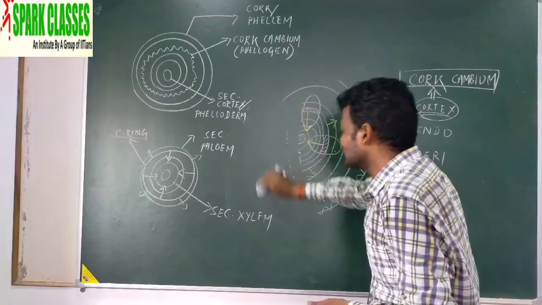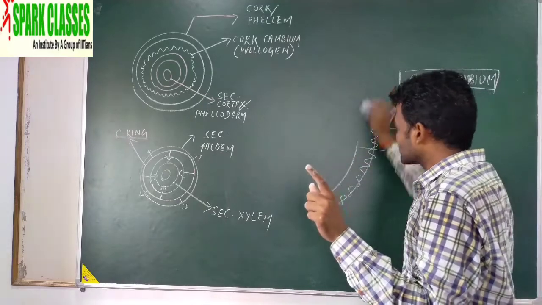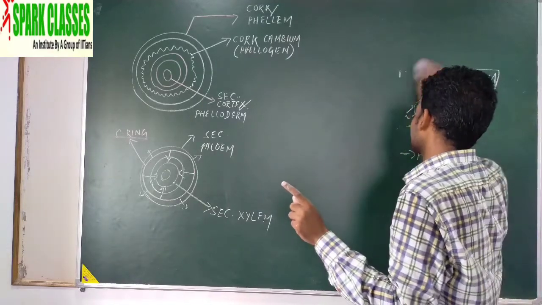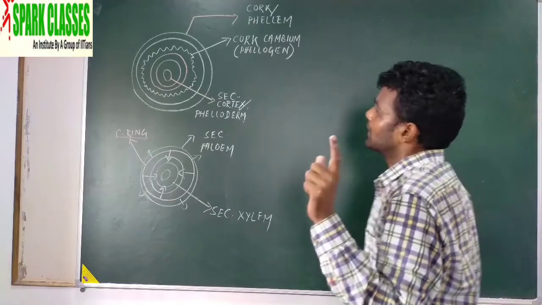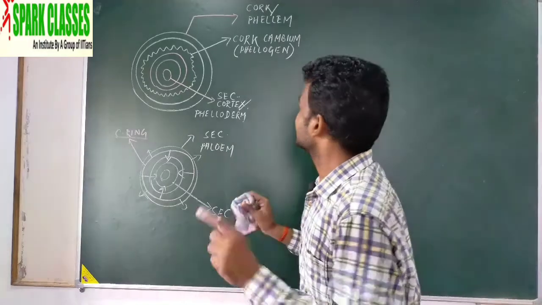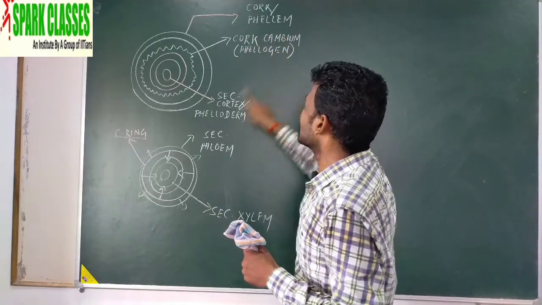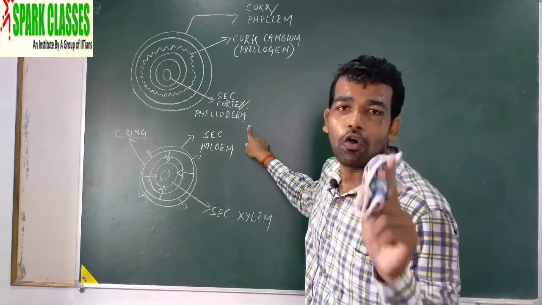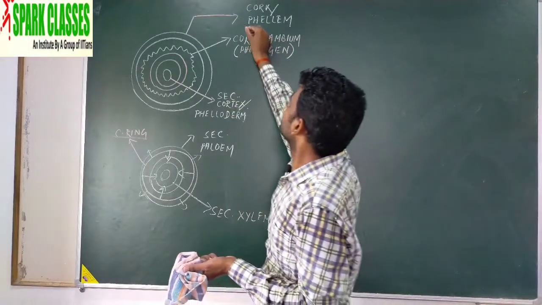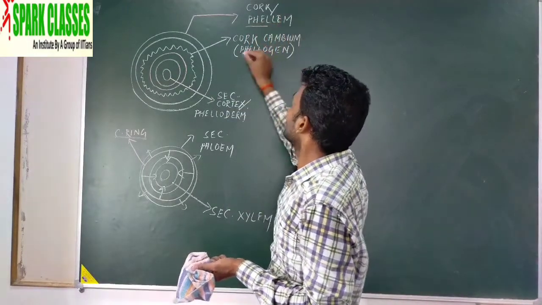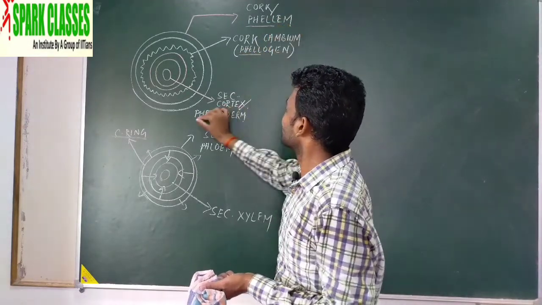I am telling you one important formula. Remember that, you never forget these things. In NEET, the main confusion is about these terms: phellem, phellogen, phelloderm. In all the terms the word is phel. This starting is phel: phellem, phellogen, phelloderm. So phel is the prefix.